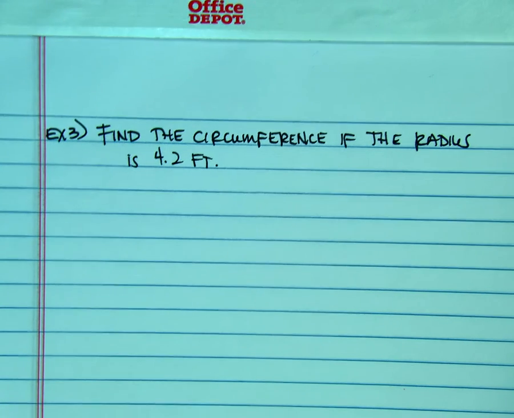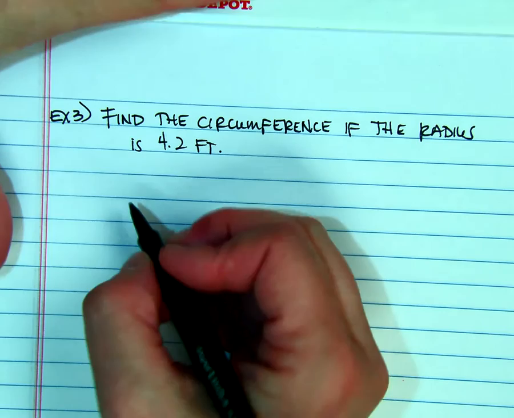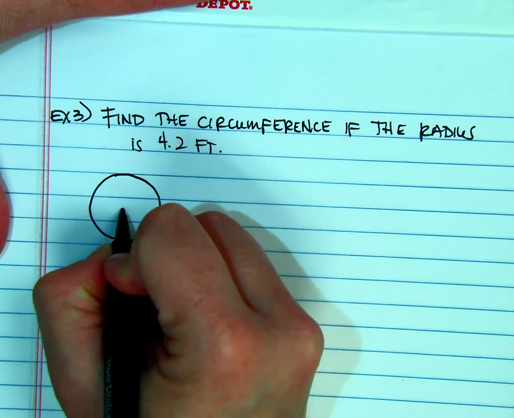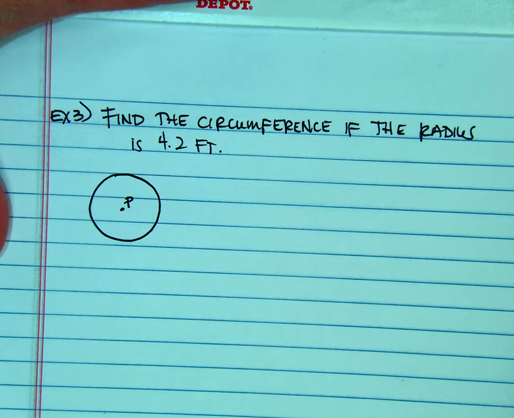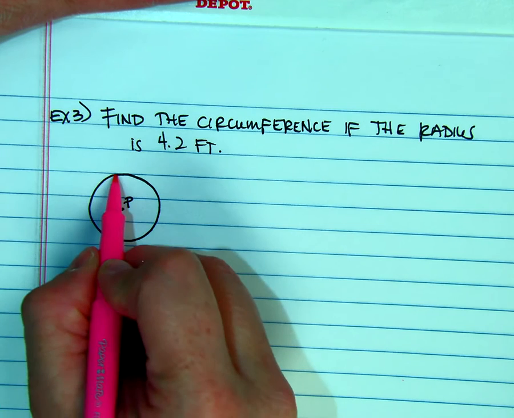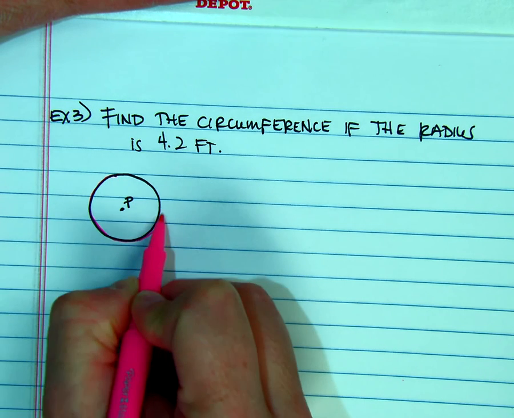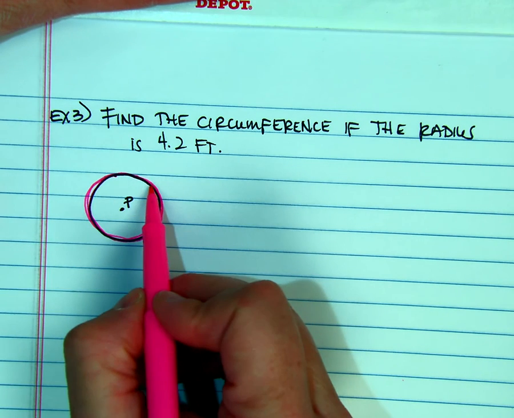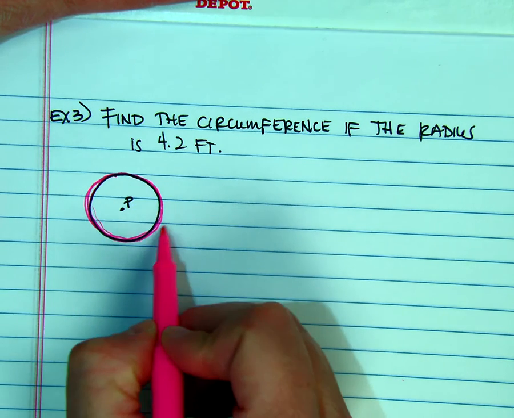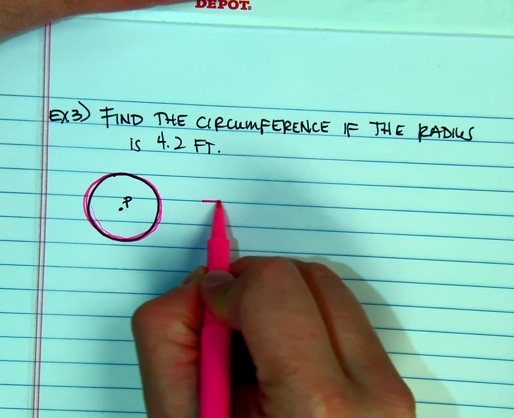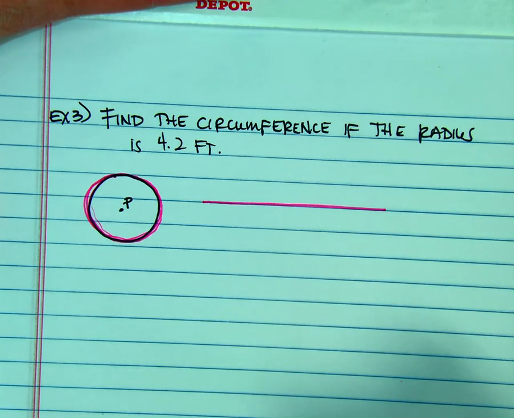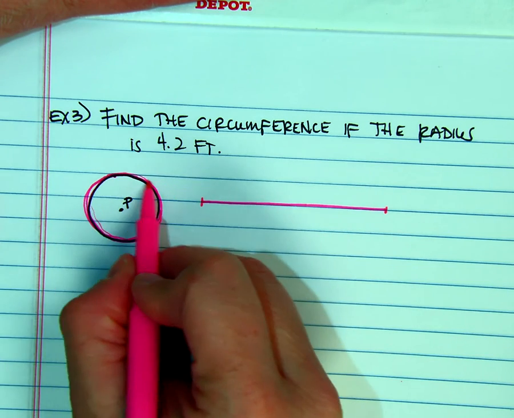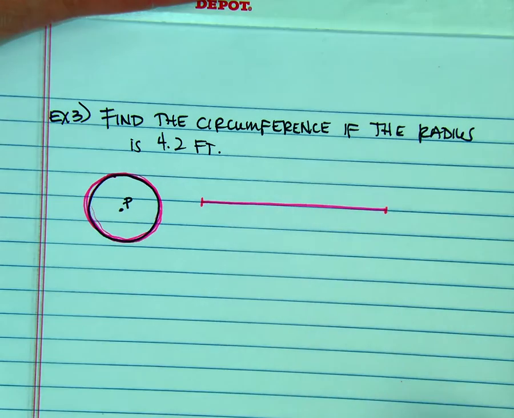I guess up until this point I've kind of assumed that you know what the circumference is. So I am going to draw a diagram and make this circle P. What we are looking for is how long is this? So it's actually a linear measurement. So think of this as being a piece of yarn. And what we're doing is we're straightening out that piece of yarn. So we're trying to figure out how long is this, or in other words, how much yarn would have to be wrapped around the circle. That would be circumference.